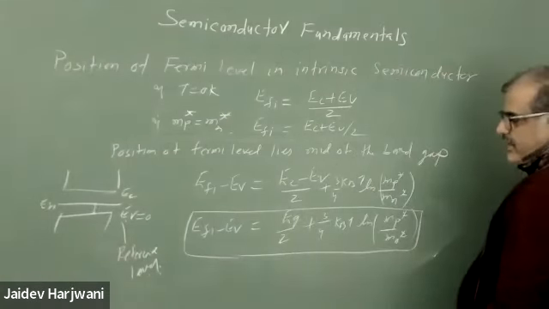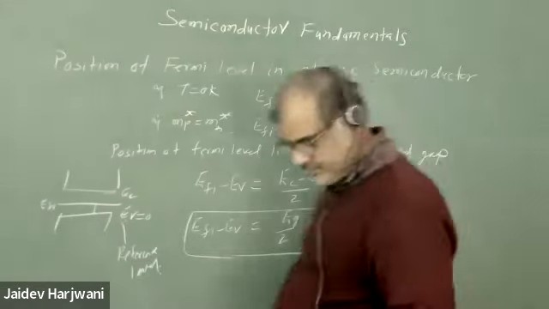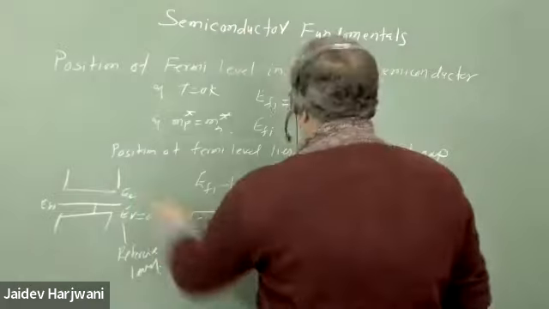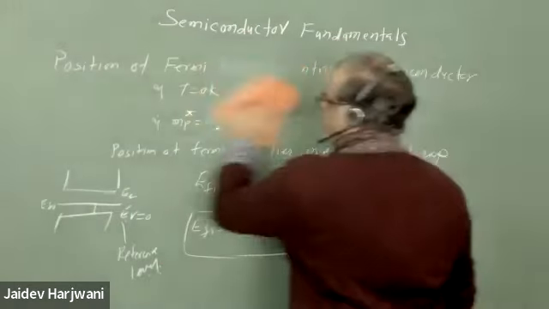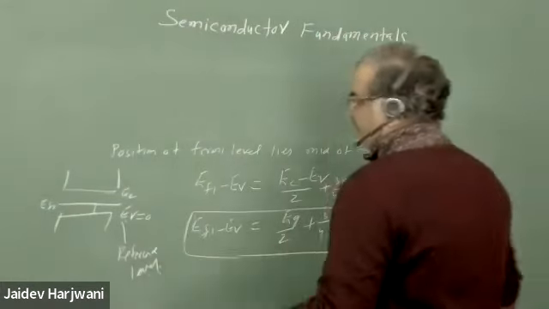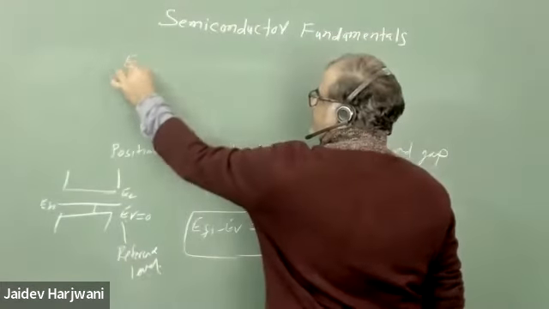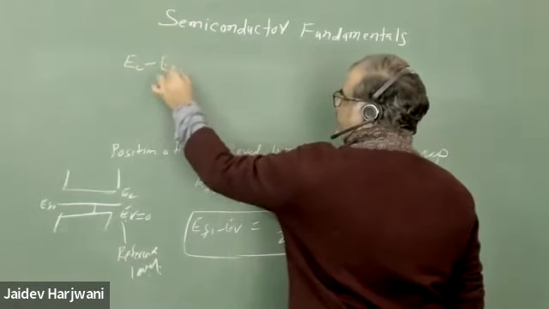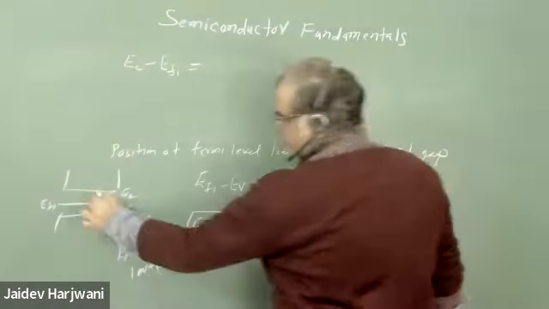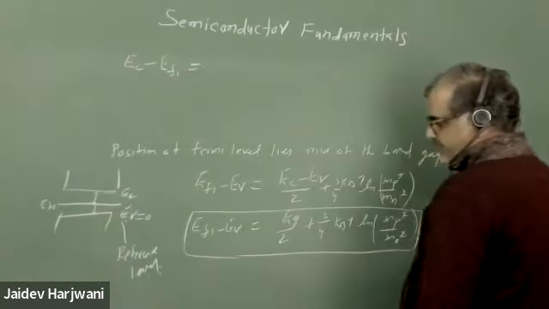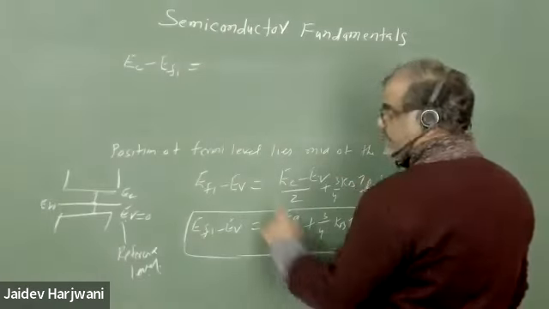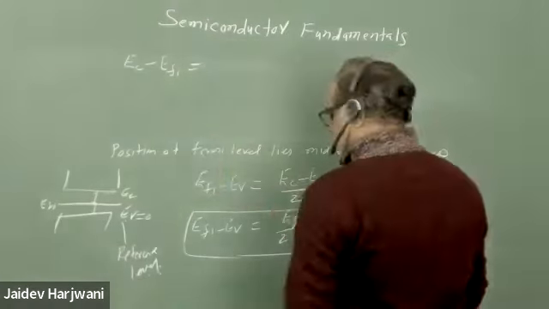Similarly, I can calculate the position of the Fermi level with respect to the conduction band edge. So I calculate EC minus EFi, this gap, how far below EC the EFi is.